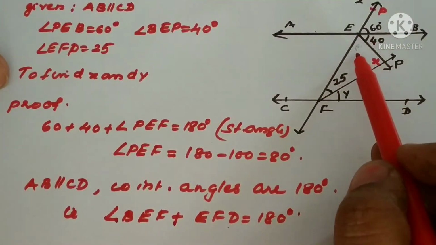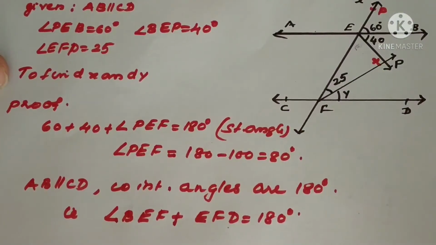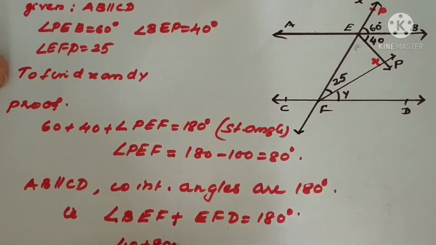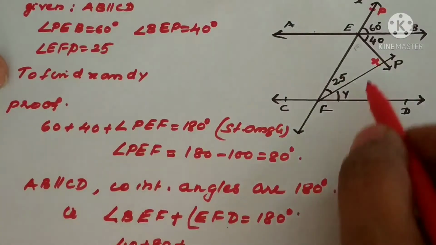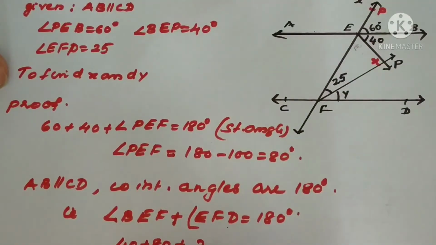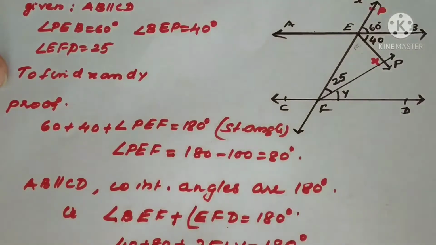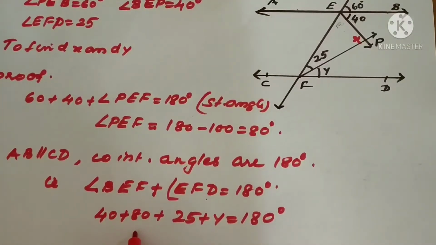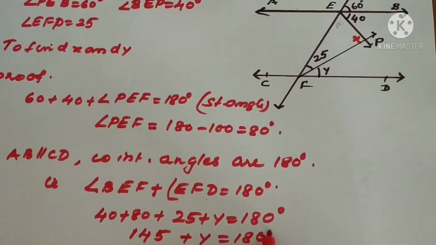BEF means 40 plus 80, and angle EFD means 25 plus Y, equal to 180 degrees. That means 145 plus Y equals 180.